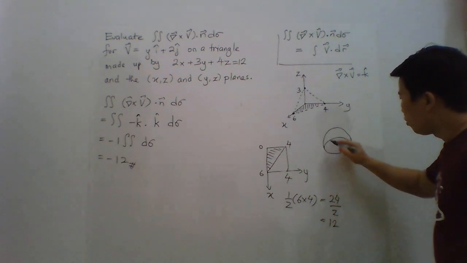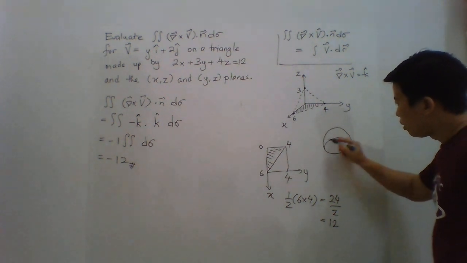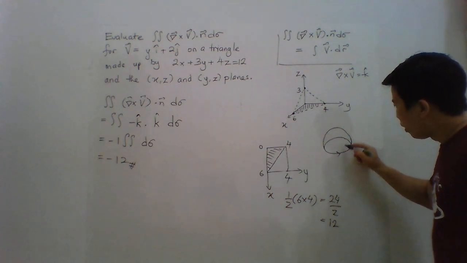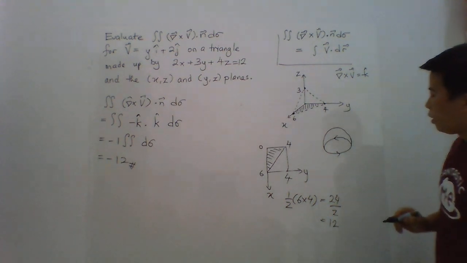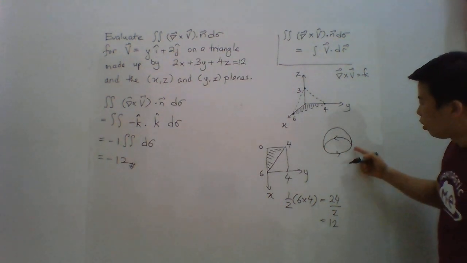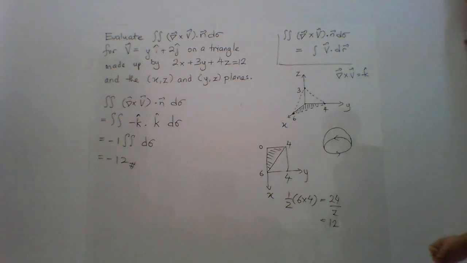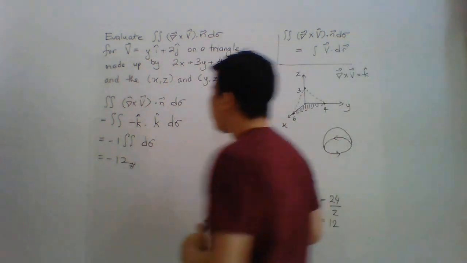So instead of evaluating the area of this surface, you want to evaluate now the vector along this closed path, right? So now we'll do this.